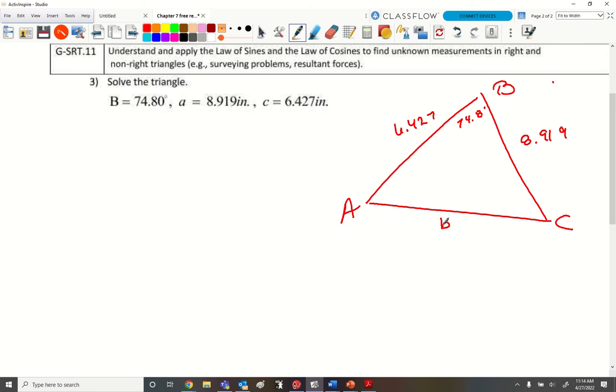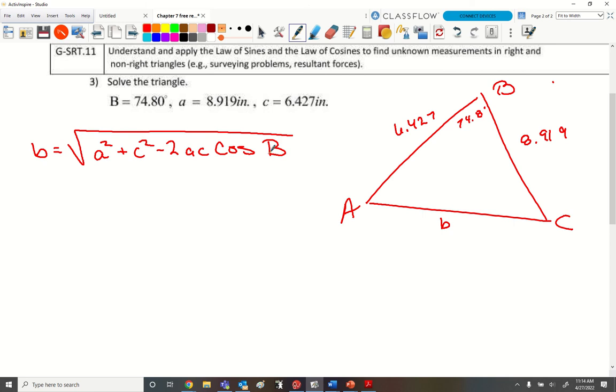I will write out the formula so you can see this. Little b is equal to the square root of a squared plus c squared minus 2ac cosine of big B. That is the formula for this.